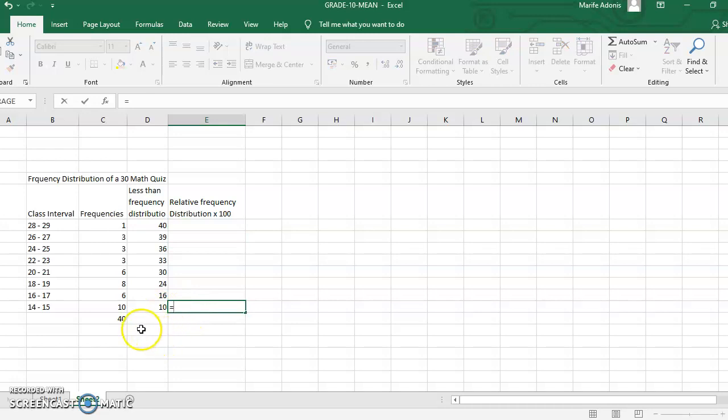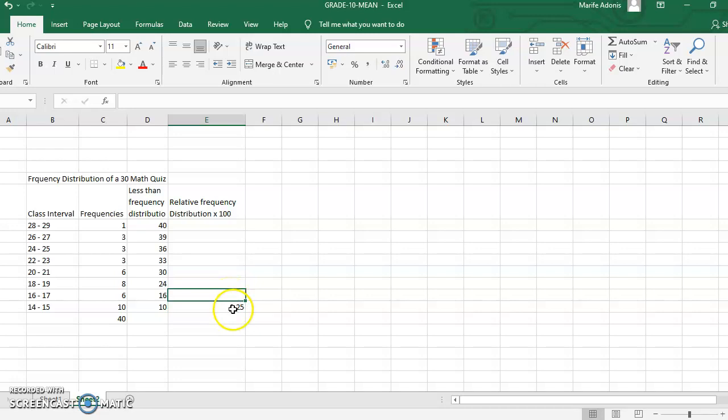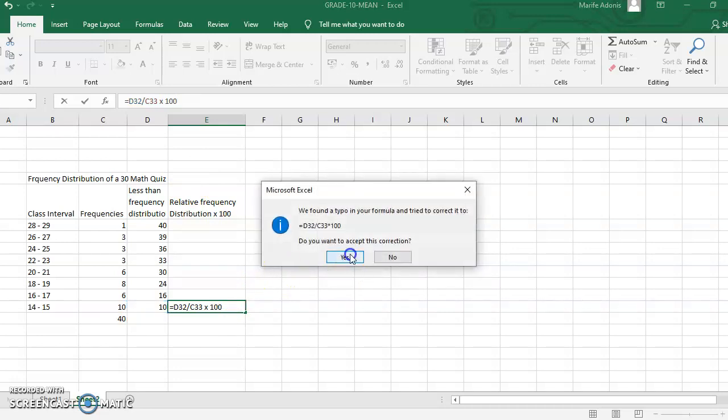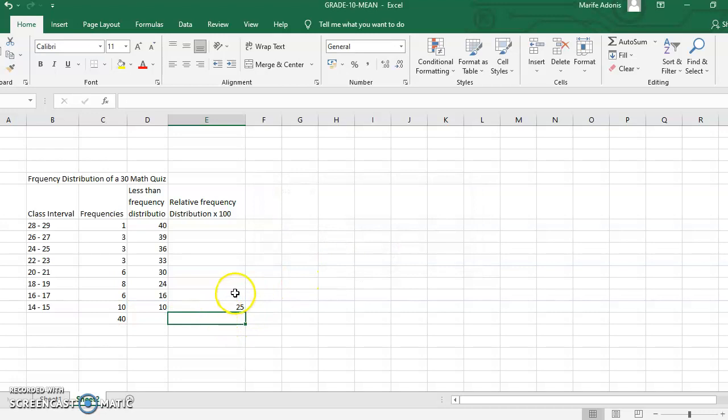From 10 divided by 40, and then equals, okay. So, mamaya, nag-decimal siya. Let's try natin i-times sa 100. Ayun. Yan, naging 25. So, okay.